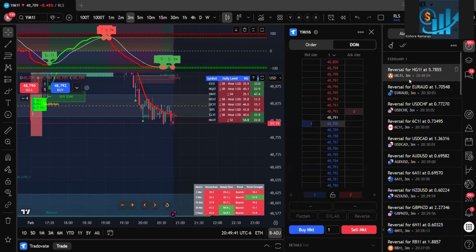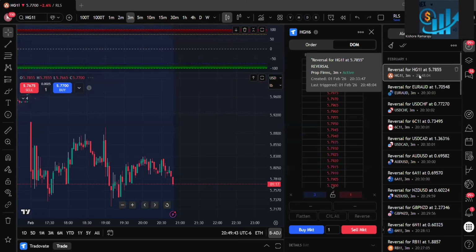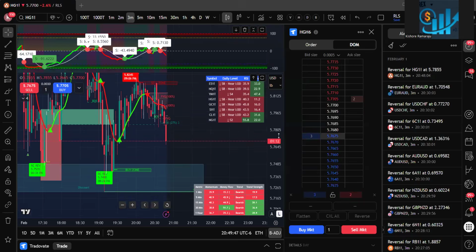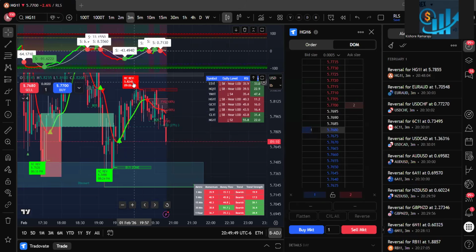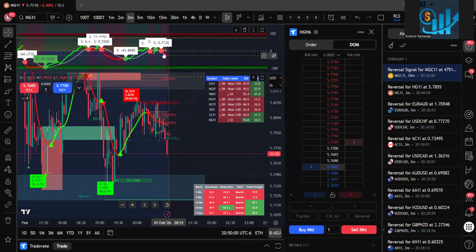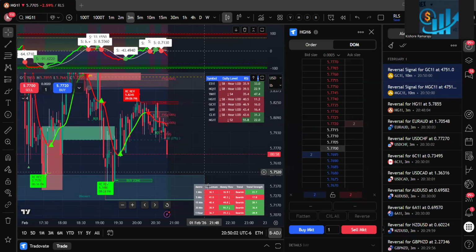If you receive, for example, copper, you got a reversal. Then go and check. You got a reversal, but are you close to the discount zone? Still, there is a possibility for a drop because overall copper also has RSI below 50, T5 is dropping, your table is looking bearish.